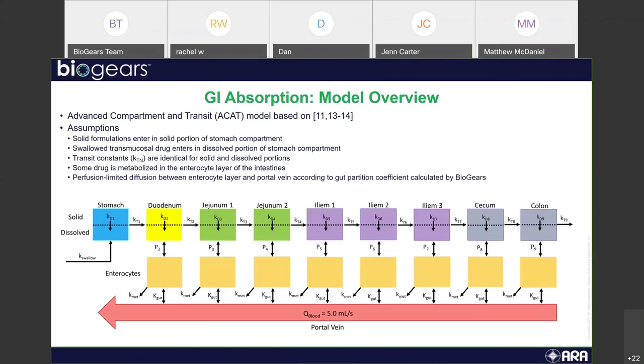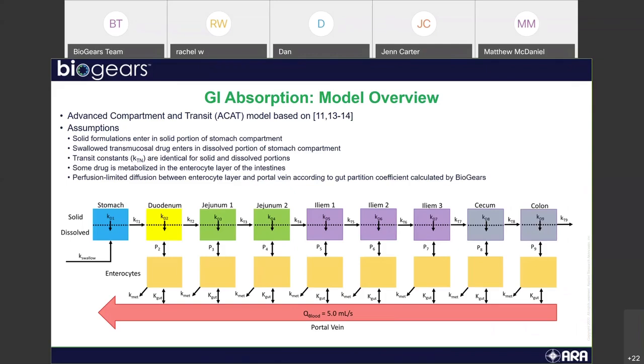And the reason why we distinguish, in particular, a separate compartment for this lining is because for some drugs, there's actually some metabolism that happens there. So even if some drug permeates from the lumen through the enterocyte layer, not all of it makes it to the bloodstream. So it's important for us to consider that in the event that it was important for certain drugs.